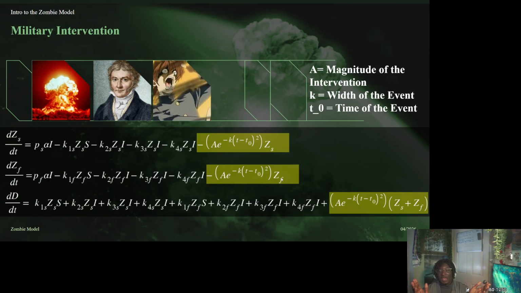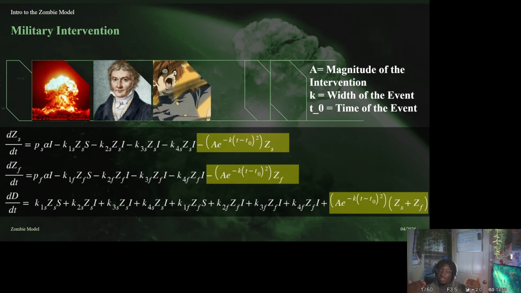And we're assuming that this event, military intervention, imagine it's a nuke. We're assuming that this military intervention is only targeting the zombies for now. You'll see some behavior that is a consequence of that assumption.